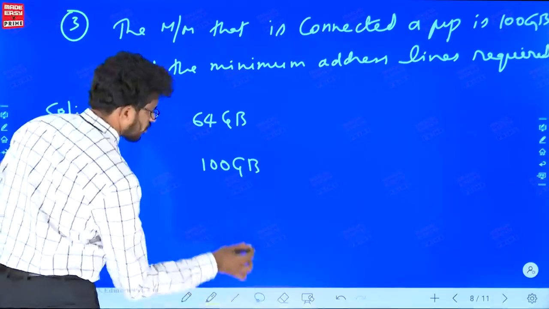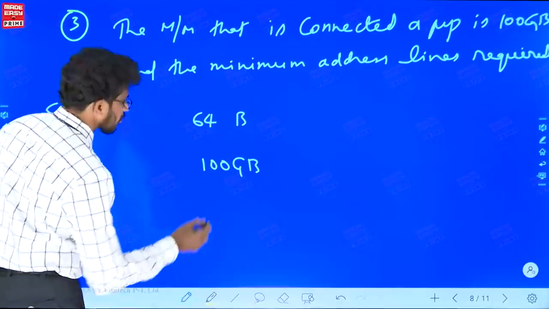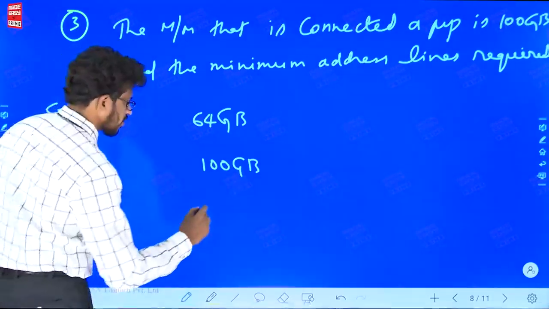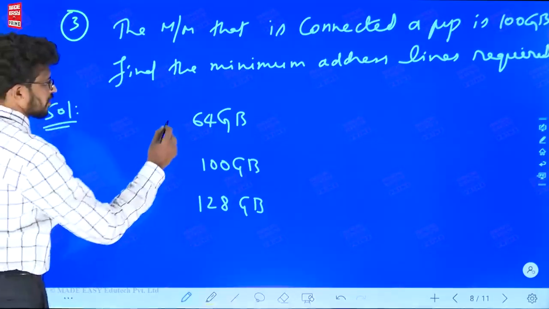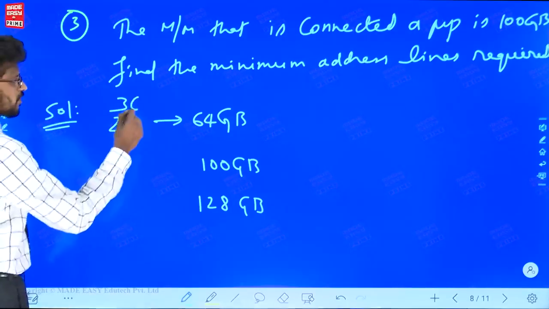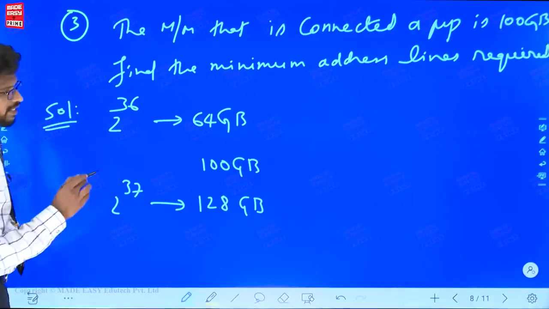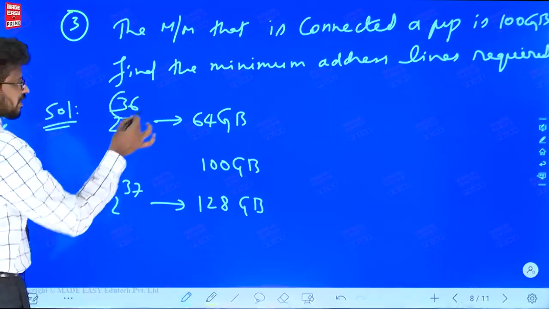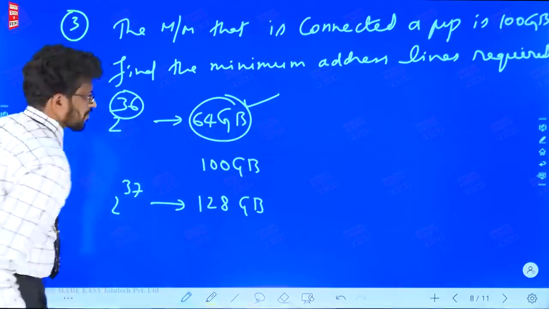The other one is 128 GB. For 64 GB, how many address lines are required? GB means 30, 64 means 6. So 36 lines. For 128 GB, how many are required? 37. Here, if you consider 36 lines only, the maximum possibility is 64 GB.